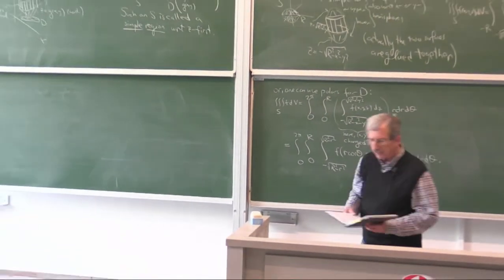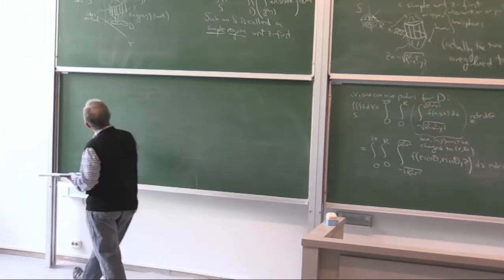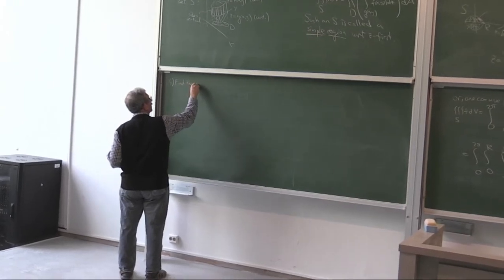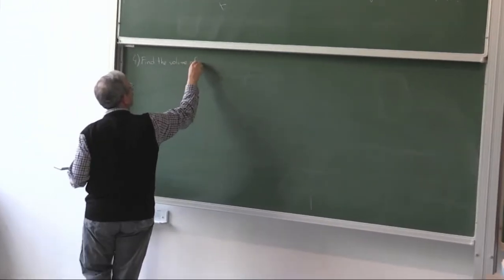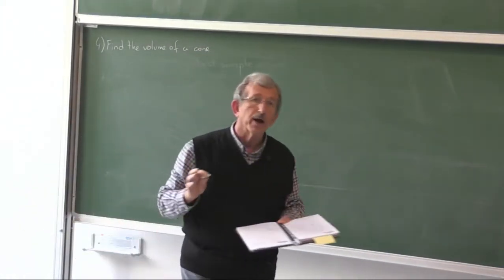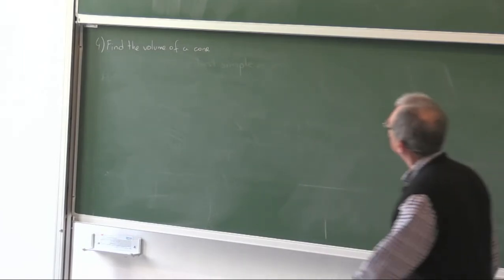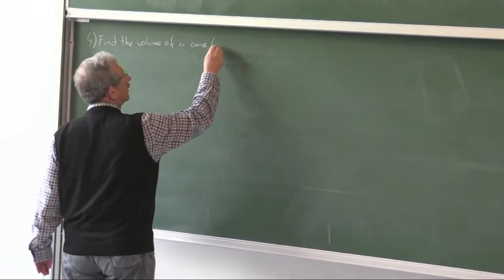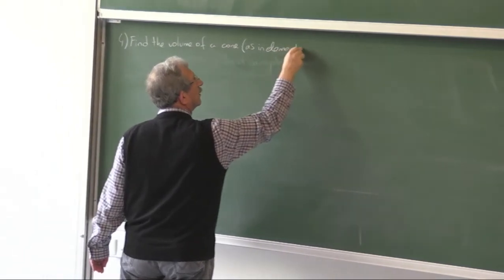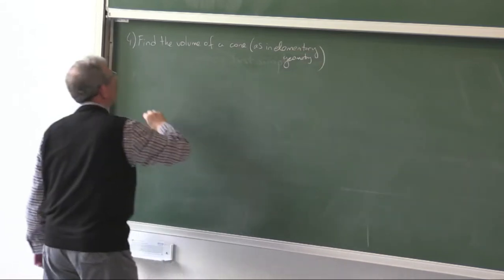Okay, now let us find the volume of a cone. A cone in the standard way. That is an elementary geometric cone. So it is something like this.